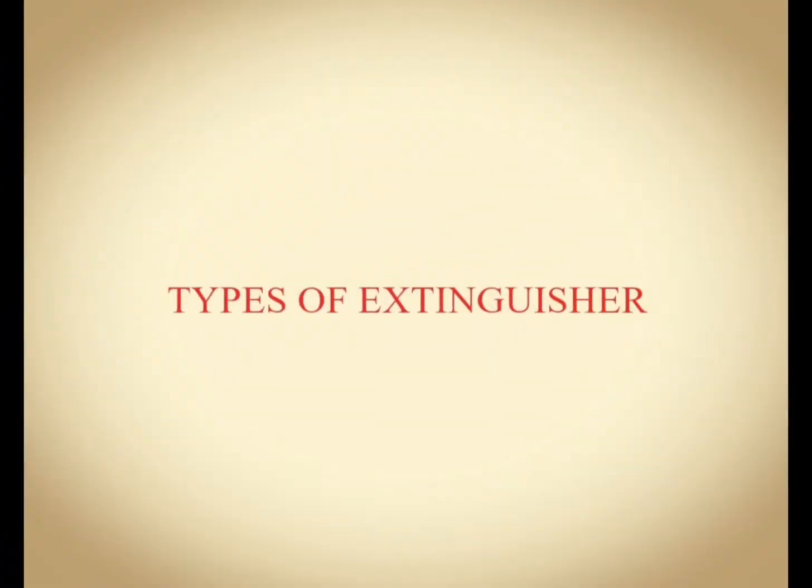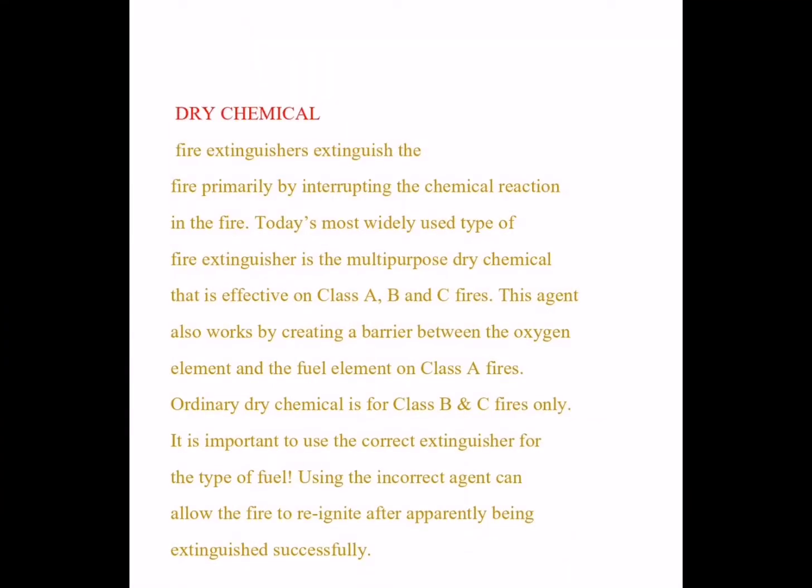The types of extinguishers. So first, the dry chemical. Dry chemical fire extinguishers extinguish the fire primarily by interrupting the chemical reaction in the fire. Today's most widely used type of fire extinguisher is the multi-purpose dry chemical that is effective on Class A, Class B, and Class C fires.